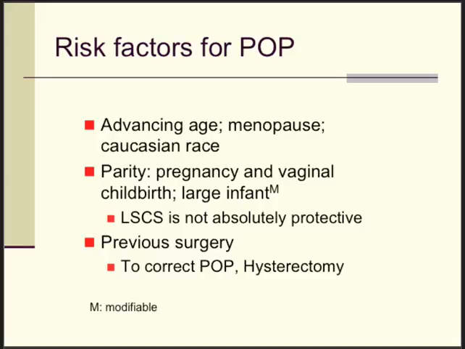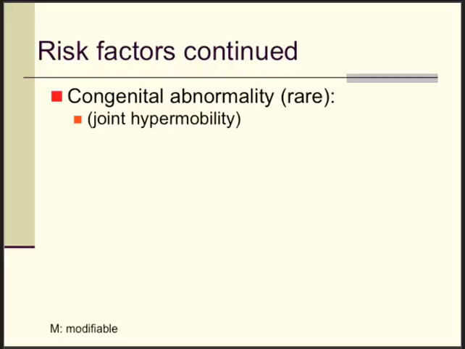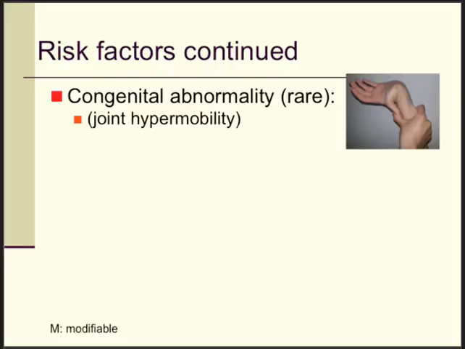Important to take on board that previous surgery for prolapse or for hysterectomy, for instance for menorrhagia, will remove or affect part of the existing support system. Hence, surgery is a risk factor. Other risk factors, a very rare one, is joint hypermobility. That has to do with the laxity of collagen, as depicted here.